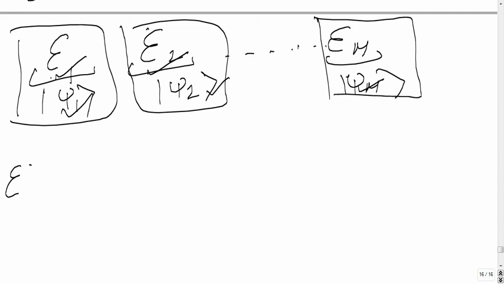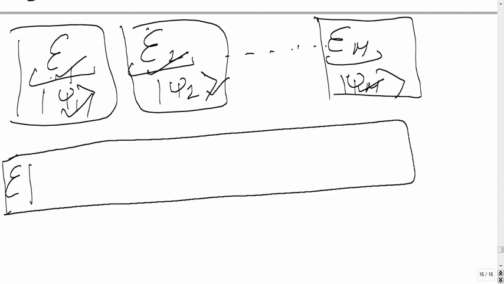We form this ensemble by taking n1 quantum systems from ensemble epsilon 1, n2 quantum systems from ensemble epsilon 2, and nm systems from ensemble epsilon m. So this is not an epsilon, it is E. We have created this ensemble E.